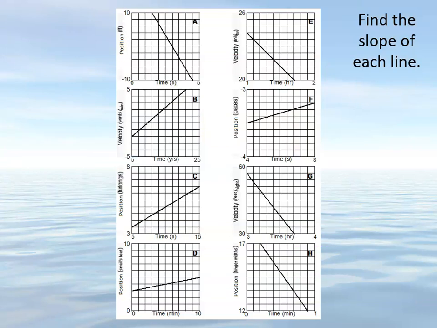So let's say you have a whole bunch of straight line segments here. The question would be, how would you calculate the slopes of these things? The idea here is that these are drawn with the intent that the endpoints of these line segments are crossing easily identifiable grid lines on the graph.